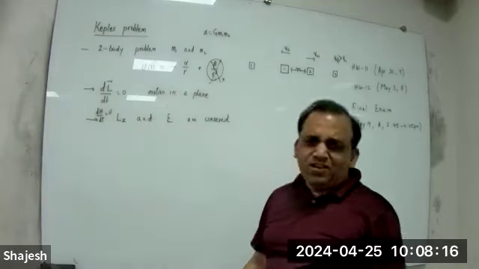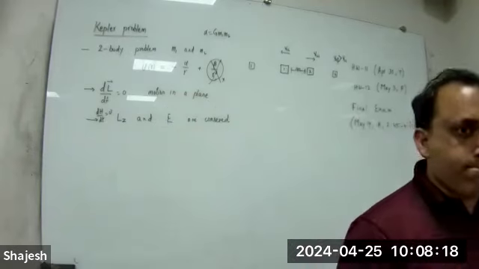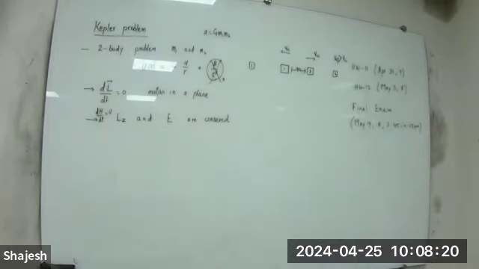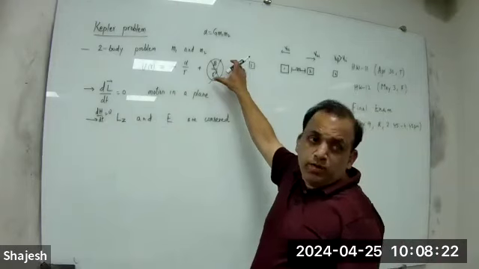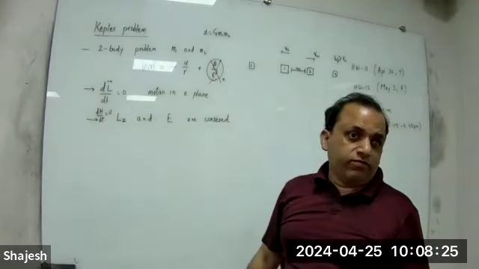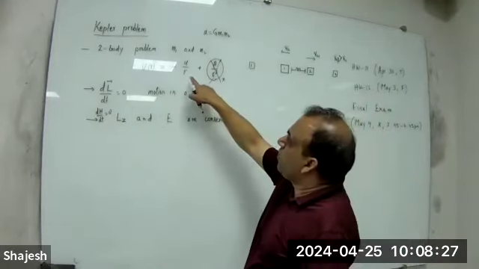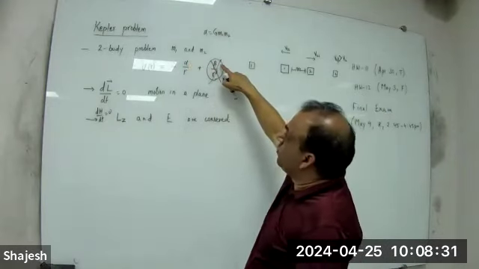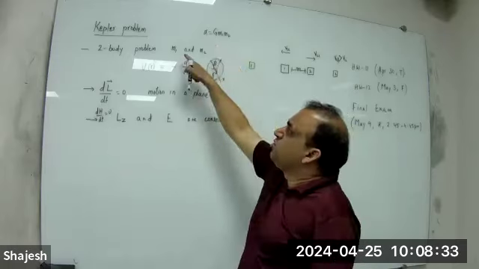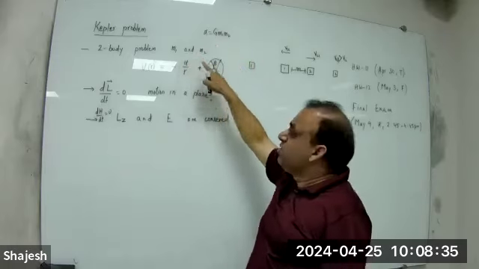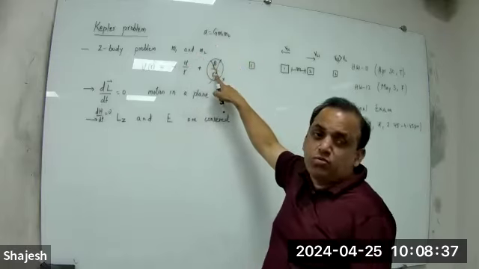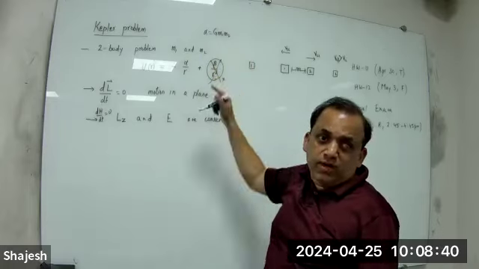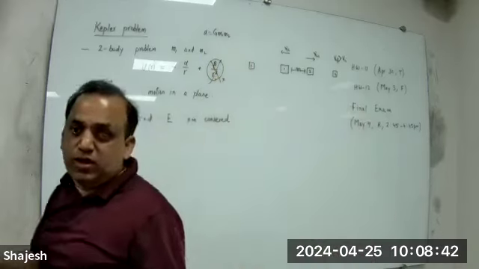Again, we added beta over r cubed, but this is not going to be the angle, it's going to be r itself. So this is 1 over r, that's a constant, depending on M1 and M2, there is nothing else. But now this will have an r cubed, and that's it, where r is r2 minus r1, the distance between them.